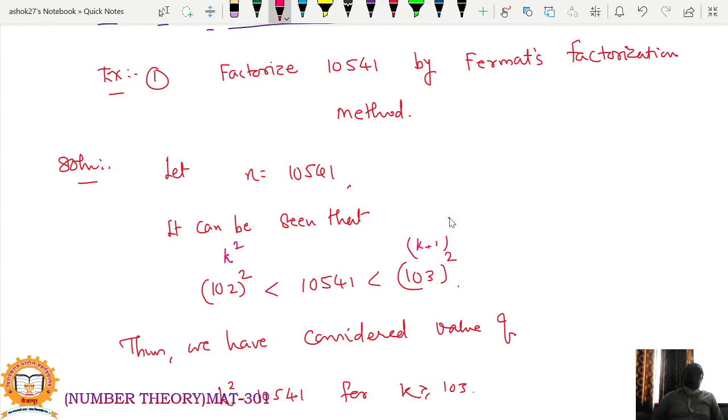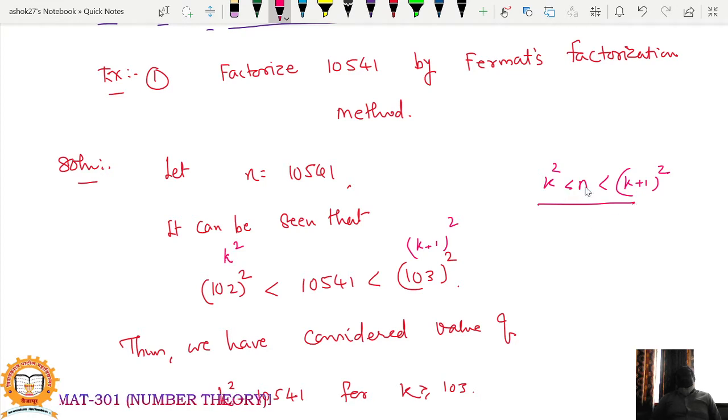So n should lie between k square and k plus 1 square. That is, you have to find such an integer k which satisfies this condition: n should be strictly less than k plus 1 square and strictly greater than k square. So here for n equal to 10,541, k is equal to 102, which satisfies this condition.